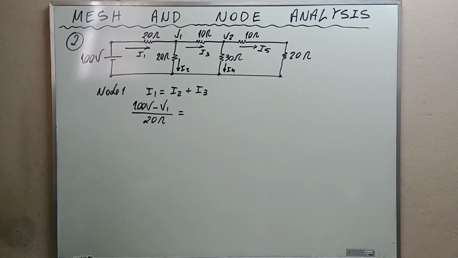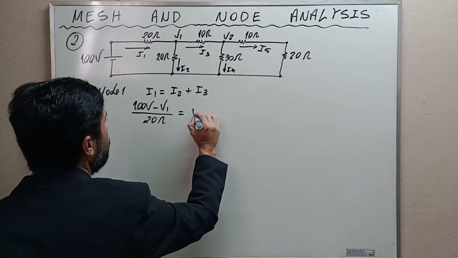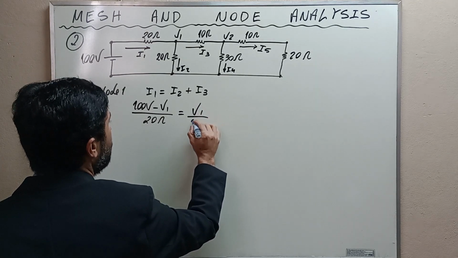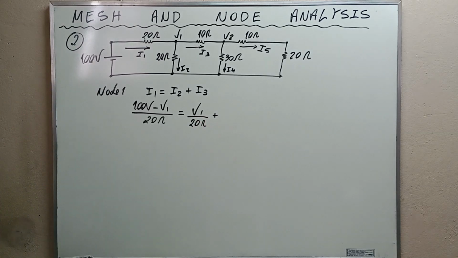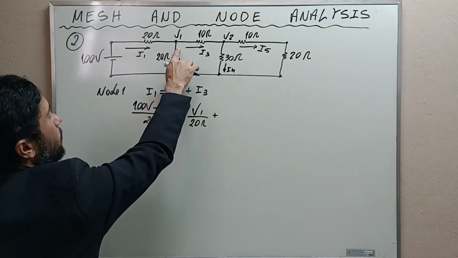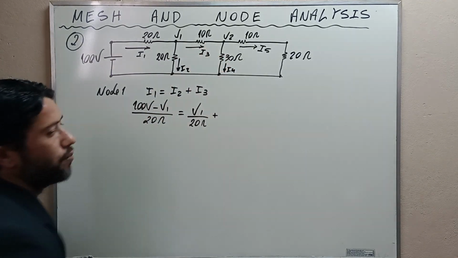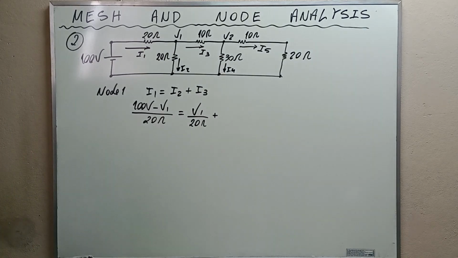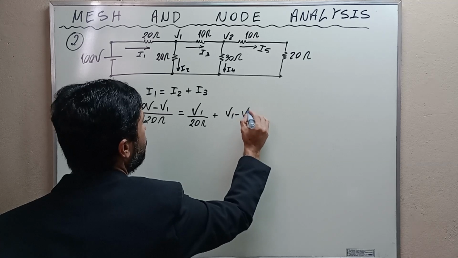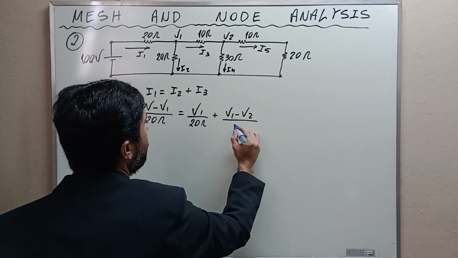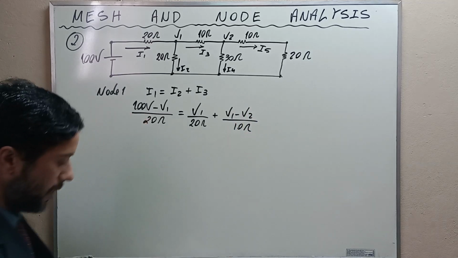And how about I2? I2 is equal to V1 divided by 20 ohms. And I3 now. I3 is V1 minus V2 divided by 10 ohms. Okay, then I write V1 minus V2 divided by 10 ohms. Okay?